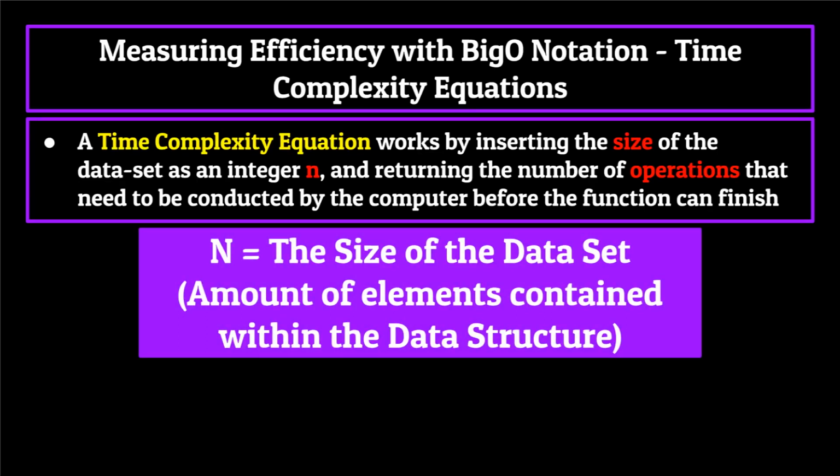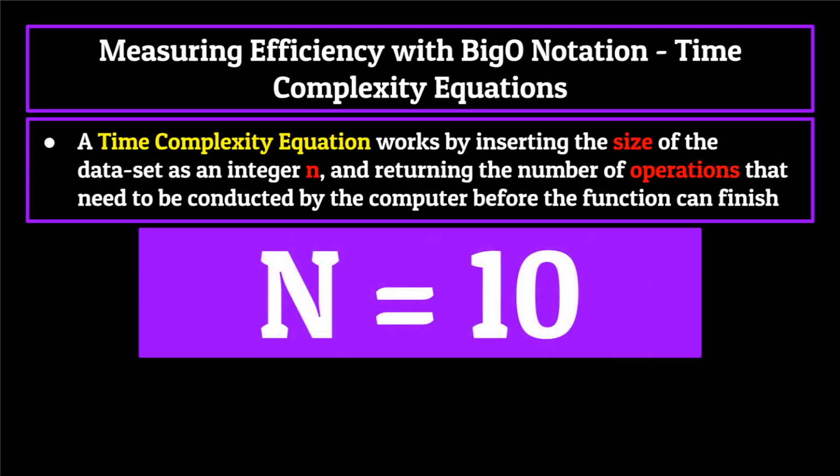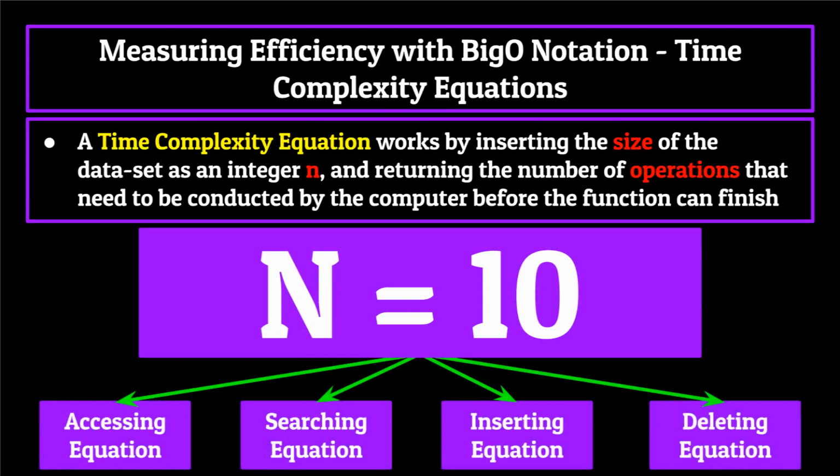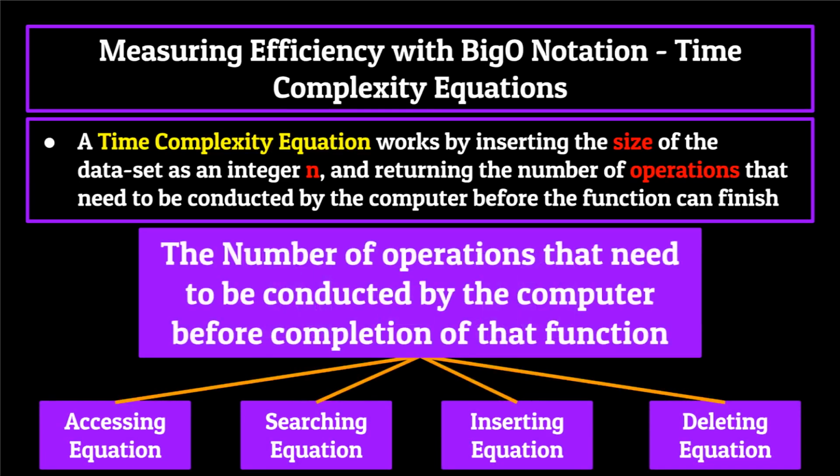So for example, if we have an array, one of the data structures we'll get into soon, with a size of 10, we would place 10 into the different efficiency equations for accessing, searching, inserting, and deleting that represent the array. And returned back to us would be the number of operations that need to be conducted by the computer before completion of that function.